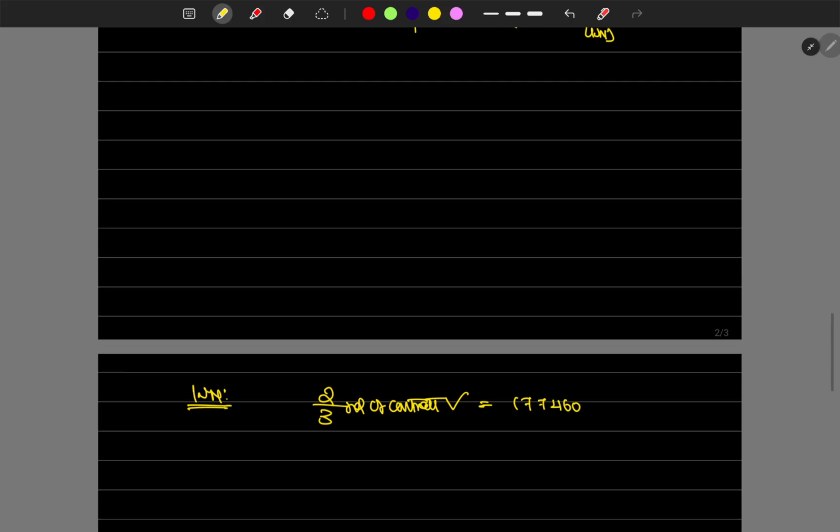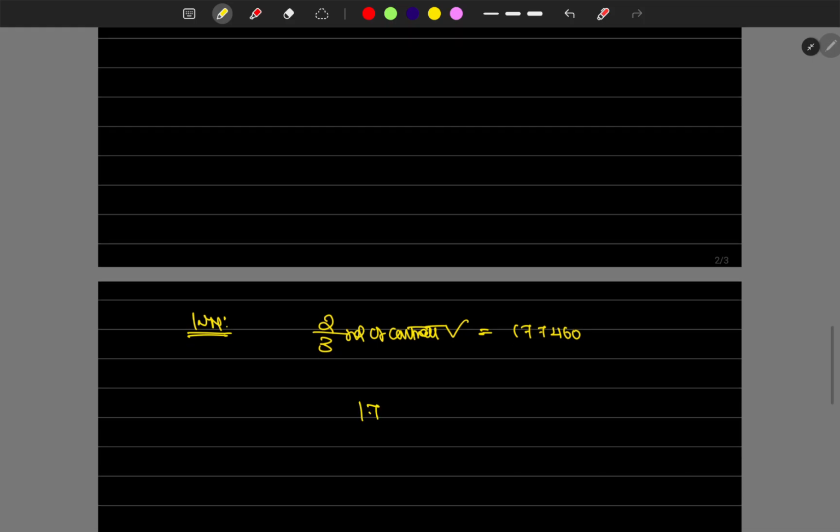So what's the whole value? If 2/3 is 1,77,460, what's the whole value? Then we have to find out the figure by dividing by 2 and multiplying by 3. 1,77,460 is the 2/3 of the value, so we divide by 2 and multiply by 3.